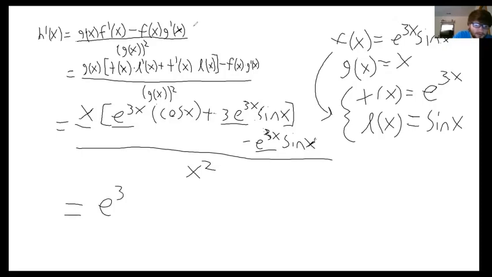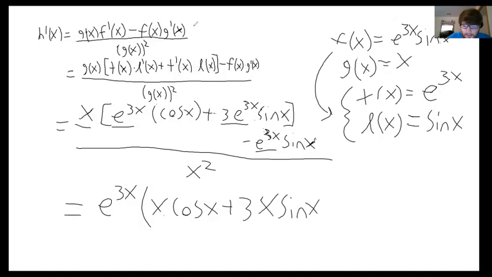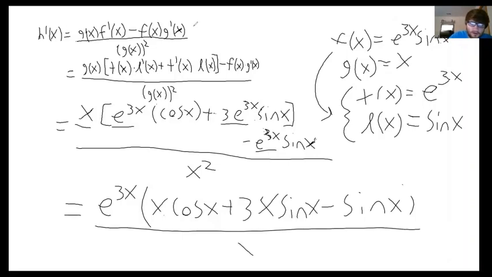So e to the 3x is on the outside times, so x goes here, so we have x cosine x plus 3x sine x minus sine x all by itself. And then we have this whole thing over x squared. And yep, that looks correct. This is our final answer.